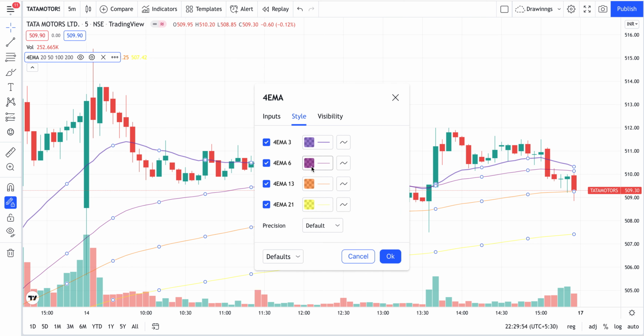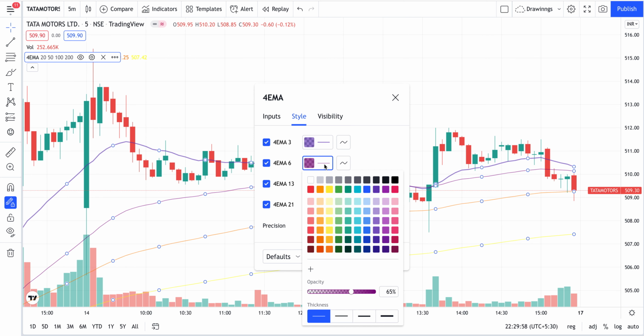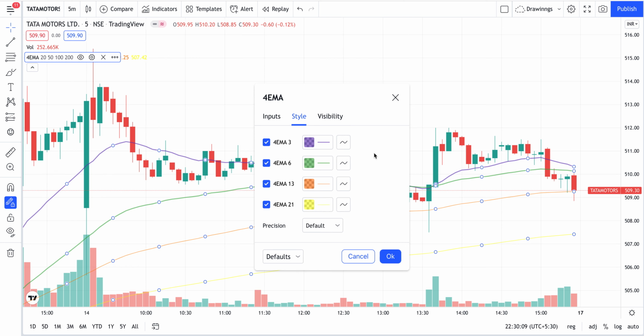Next we are going to change the style of the 50 period moving average. We are going to give it a green color, and the same thickness, for the 50 period moving average.